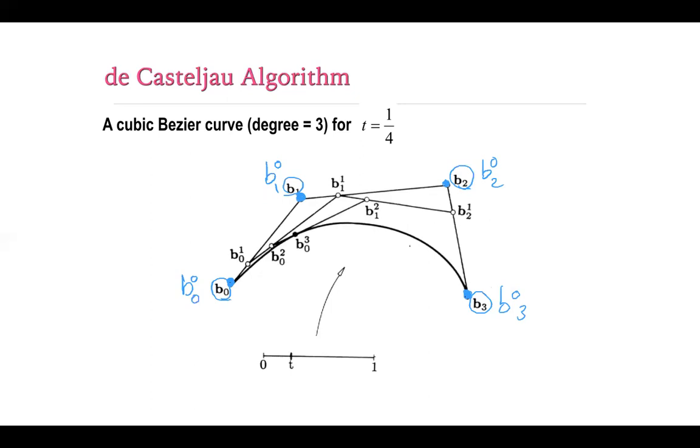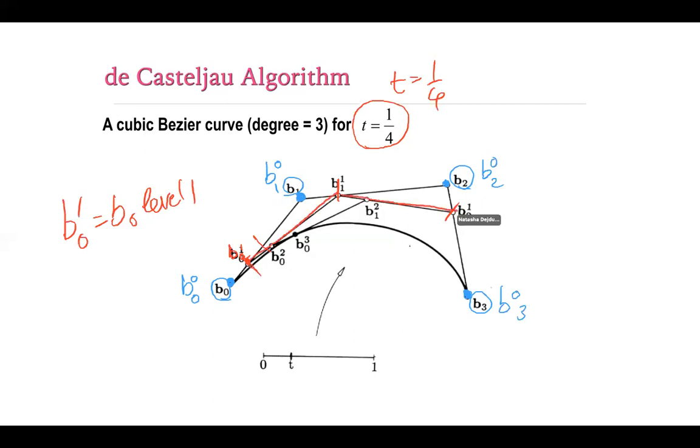What does it mean by linear interpolation? Linear interpolation is like this. If you are considering t equal to 1/4, then B0 level 1 will be here, then B1 level 1, B2 level 1, and then we connect them by drawing this line.